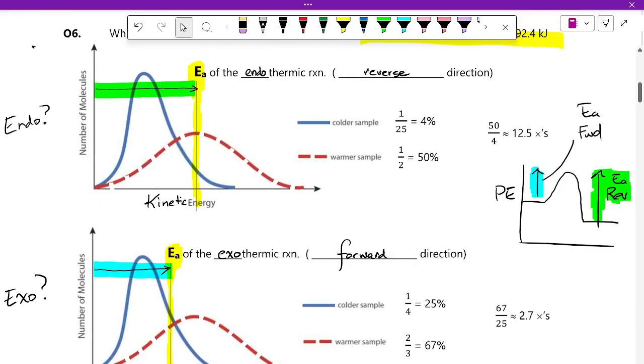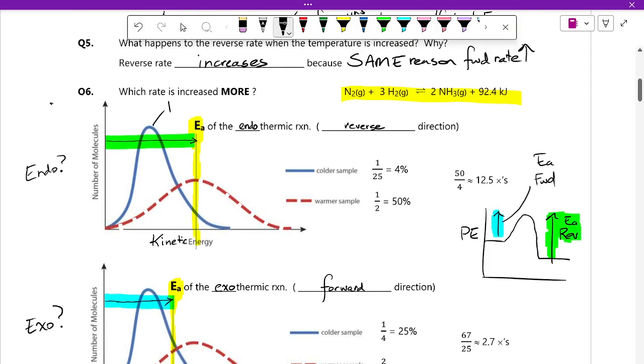And now we're going to look at 2 samples of molecules. We're going to look at the colder one. This is at our lower temp. You'll notice the peak is higher, the peak is further to the left, and it ends sooner.